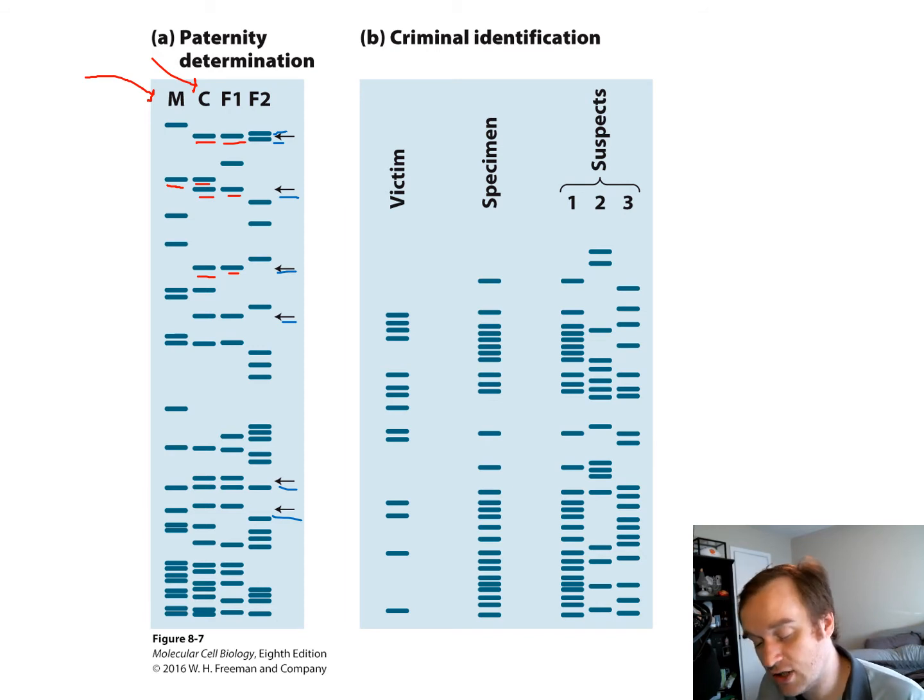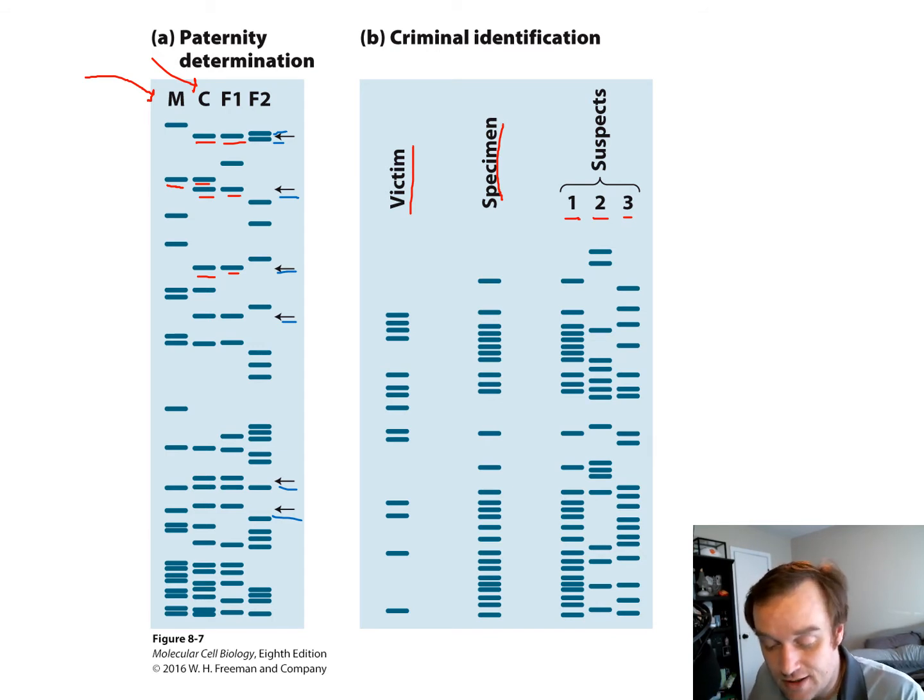Now looking at the DNA in the forensics case here, we have our victim's DNA, and then we have the specimen that was collected from the victim, whether that is blood or semen or whatever the case may be that has DNA in it. And we have 3 suspects, and so we run this microsatellite panel on these suspects. Depending on the length of each microsatellite, how many of those repeats that individual has, they'll migrate different lengths on the gel.